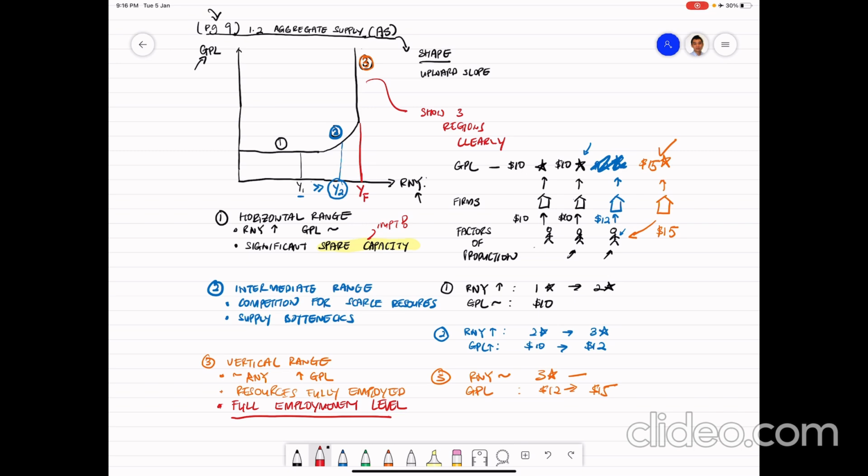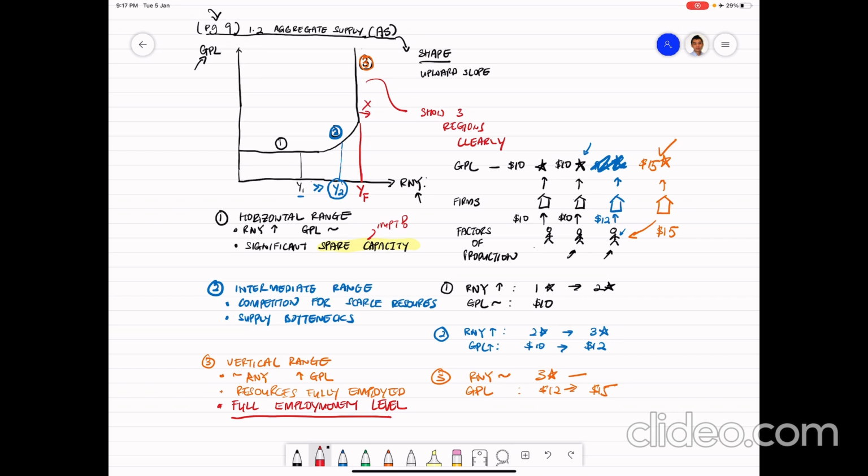So when you are already at the full employment level, when all your resources have been fully and efficiently utilized, even if a new firm wants to produce something new, he just takes over the factor of production of an existing firm and raises prices accordingly. You cannot produce any more goods and services. That's why your x coordinate cannot advance anymore. That's why it's vertical.